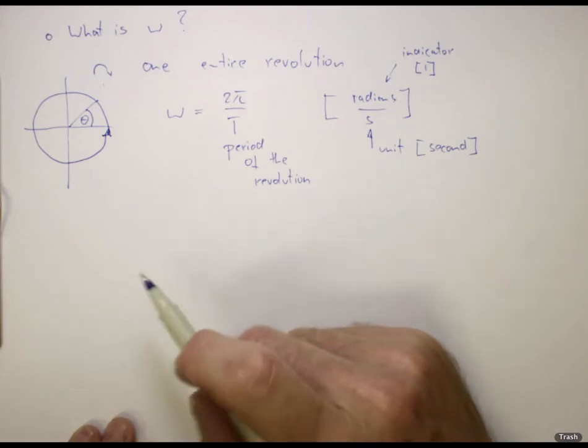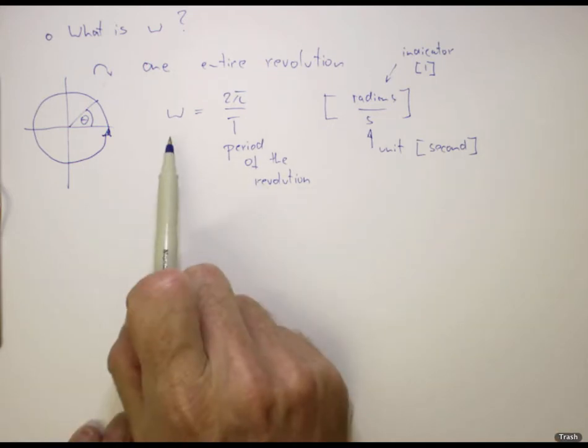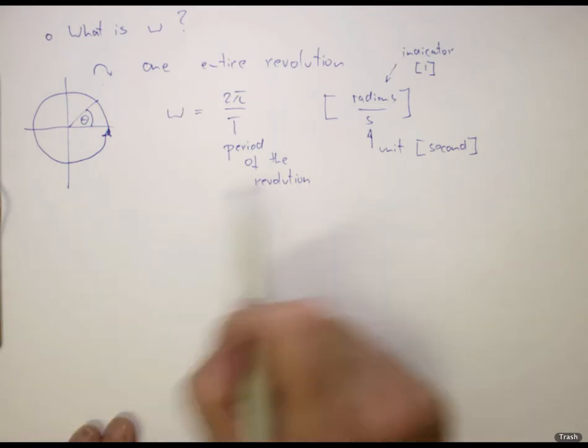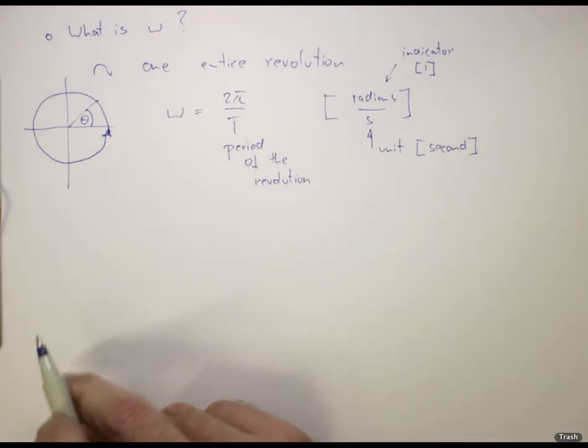So we have omega, the rate of increase of the displacement angle theta, for one revolution is equal to 2 pi divided by T.